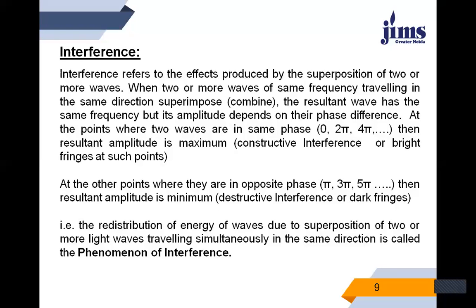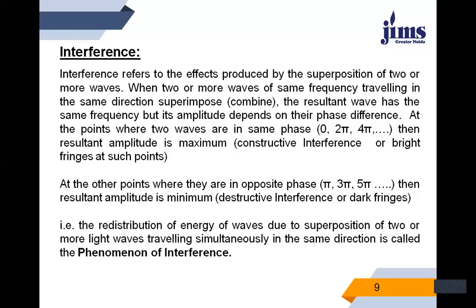So that is basically where the amplitude is maximum. You know that the square of the amplitude is intensity. Intensity is energy. And at the point where amplitude is zero or minimum, the intensity is minimum.